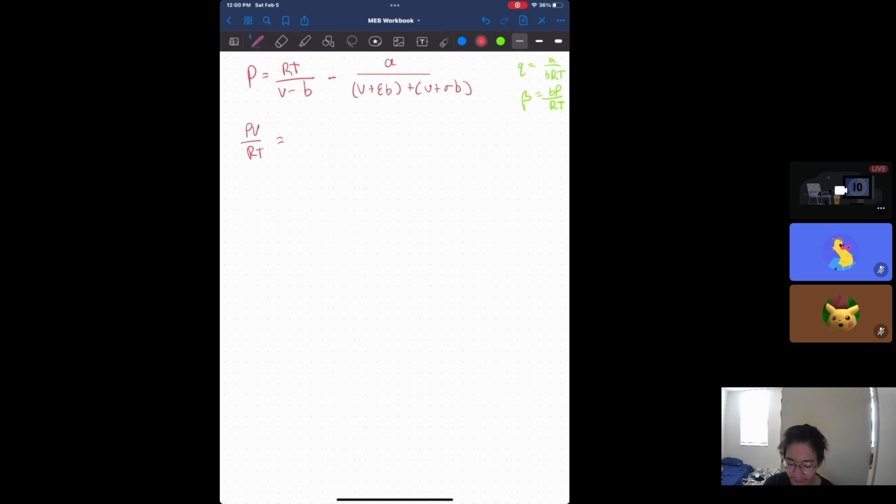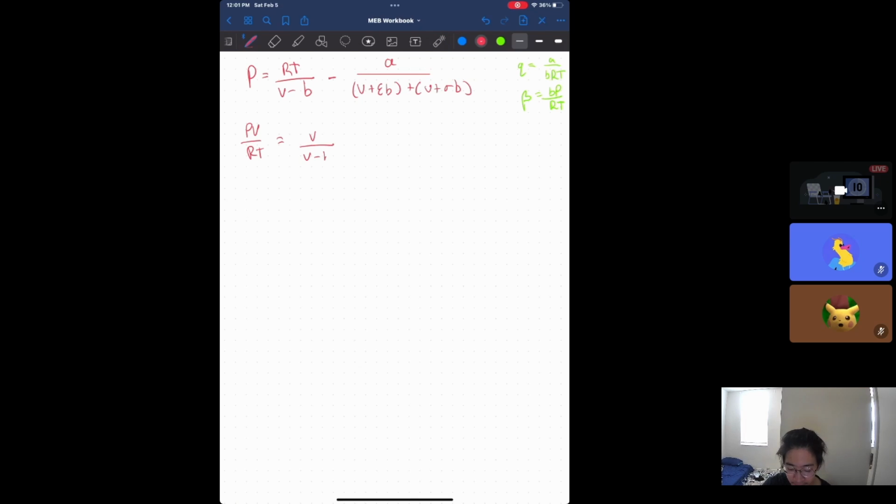Since RT is in the denominator, we'll want to make sure the denominator of each expression has an RT. And since V is in the numerator, we'll want to make sure that each expression in the numerator has a V. So why don't we do that? First, RT divided by RT is 1, so we don't need to worry about that, but we'll have a V up here.